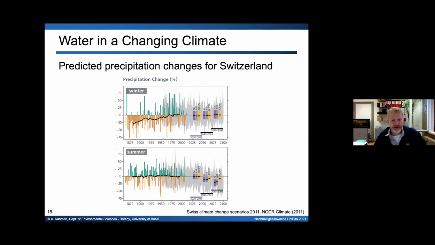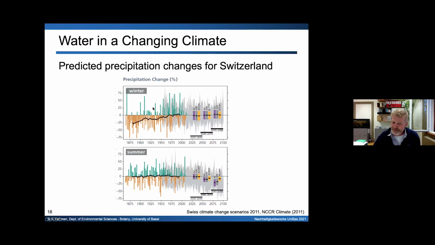You can see here data for Switzerland from one of the reports. This is actually a little bit of an older report, but the newer reports look exactly the same. You can see instrumental data here all the way until the early 2000s, and then these are simulated data.